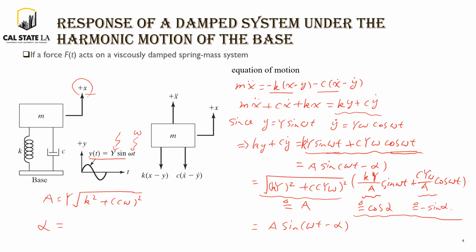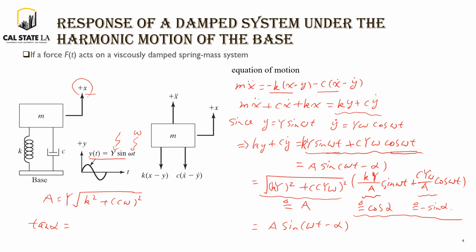Since we know sine alpha and cosine alpha, we can find alpha through these cosine and sine terms, right? Let's write it as tangent alpha first. Tangent alpha is equal to sine alpha over cosine alpha.